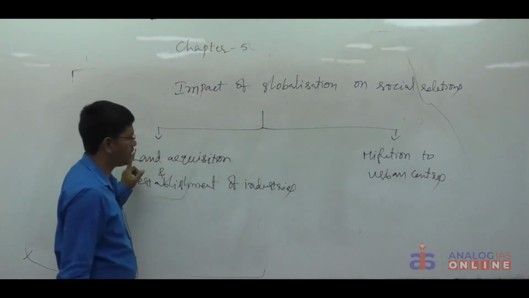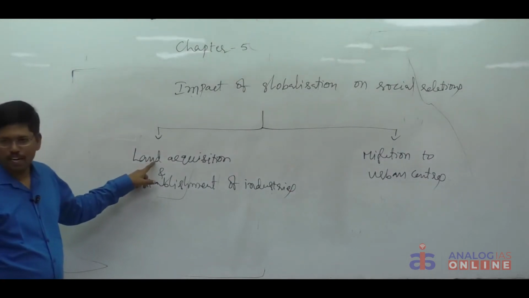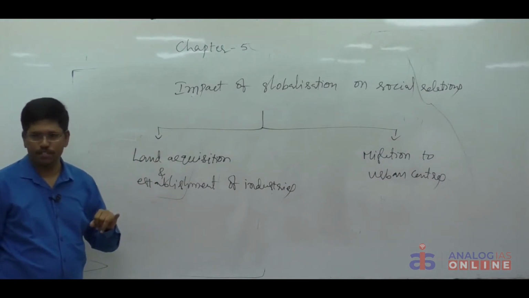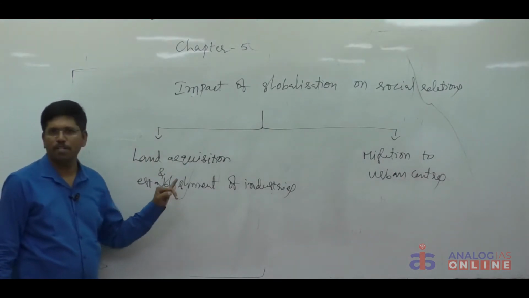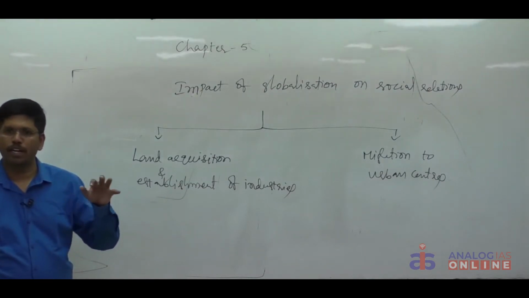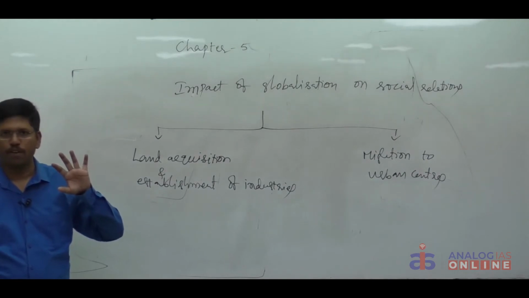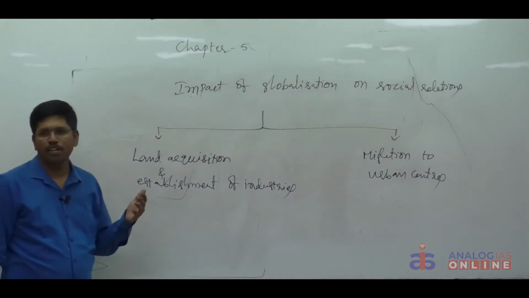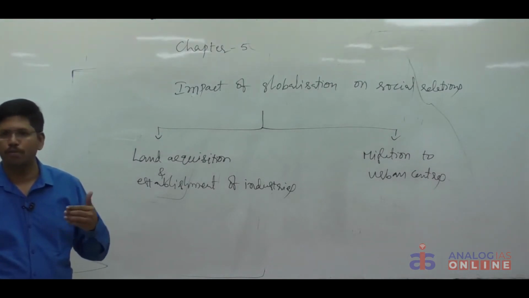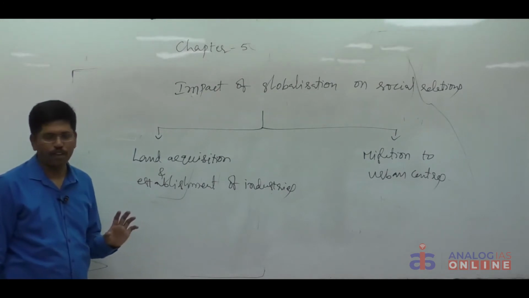See here, because of land acquisition, the total amount of land under cultivation decreased, and because of the establishment of industries, pollution is being generated. Because of pollution, agriculture in the surrounding areas declined. And because of the availability of alternatives, many lower caste people who had been working in the lands of the higher caste people started working in different industries.